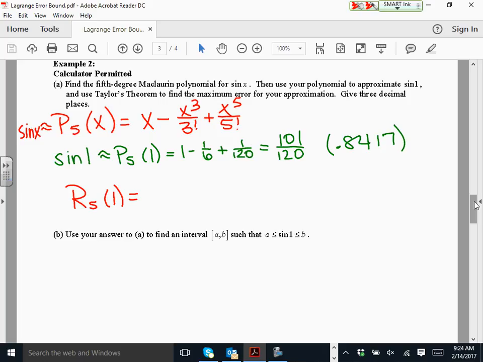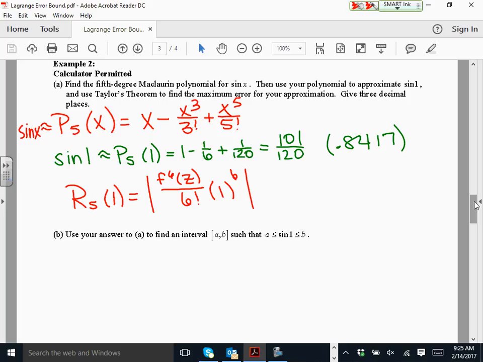Our remainder is going to be the maximum our sixth derivative could be over 6 factorial times 1 to the 6th. Why did I put 1 to the 6th? Because it's technically x to the 6th, since we are centered at 0, and then we're just going to plug in 1 for our x value.